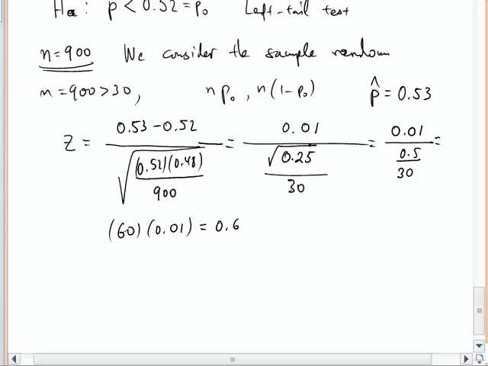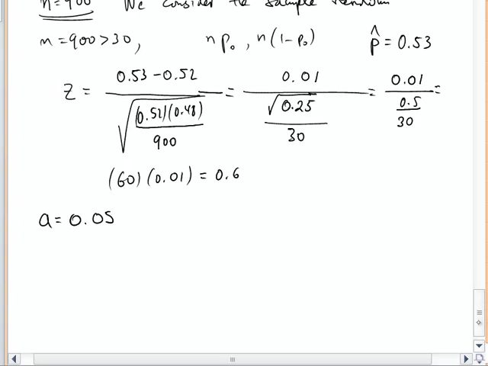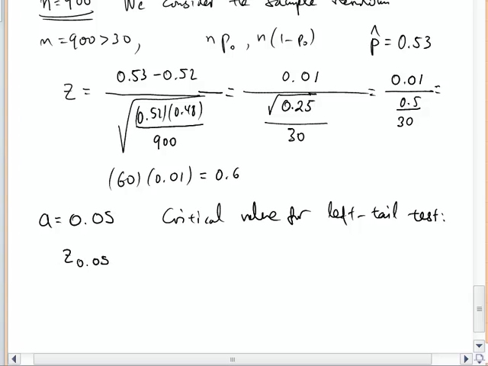Now, we didn't mention our confidence. Let's take confidence equal to 95%, so the significance level is 0.05. We want a left tail test. So what is the critical value for the left tail test? That is the Z of 0.05.